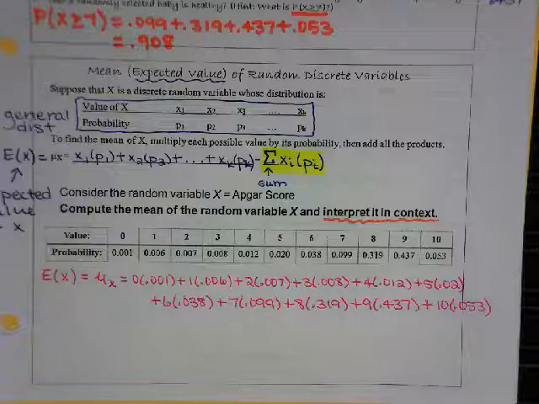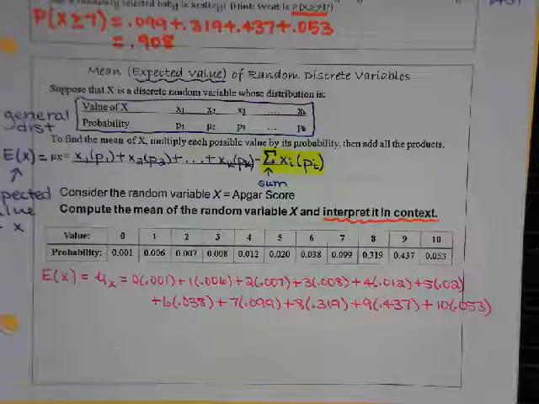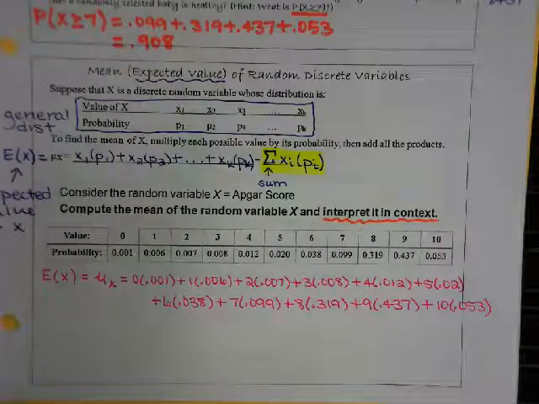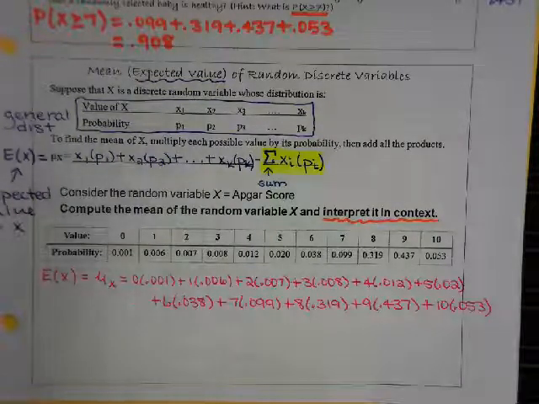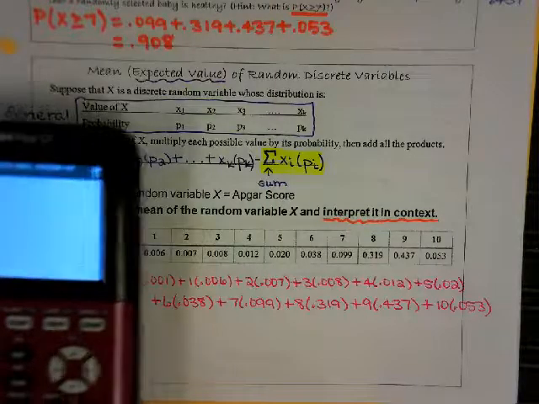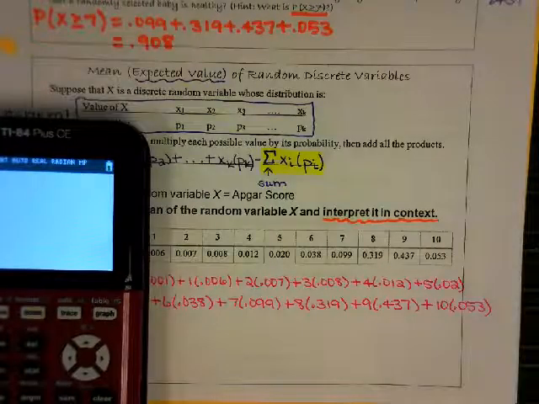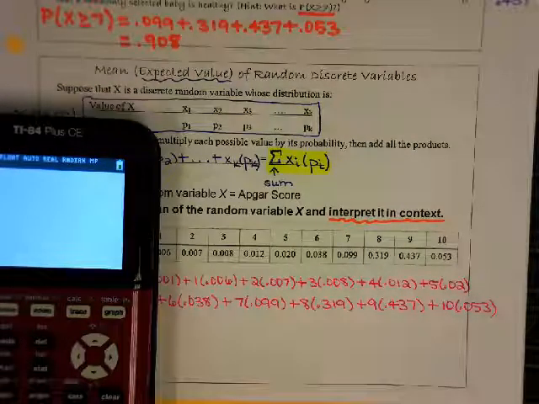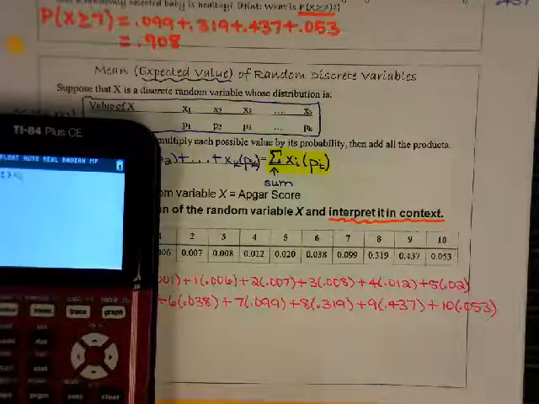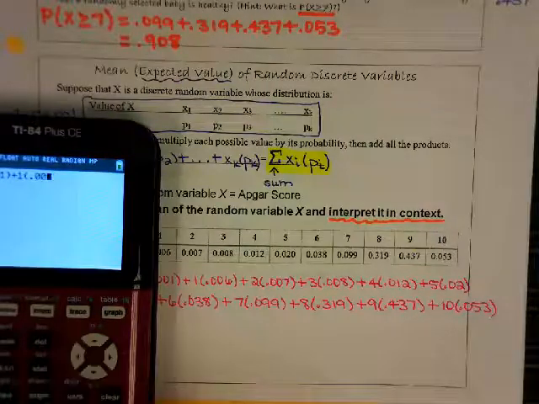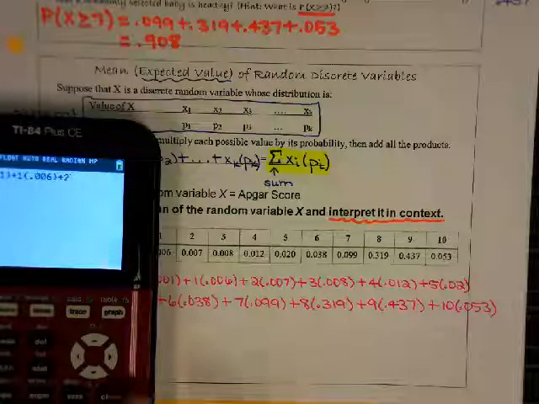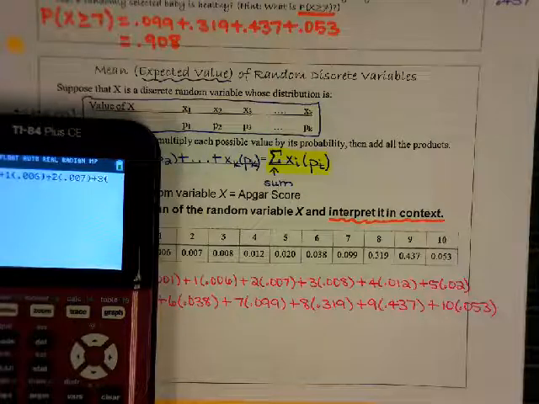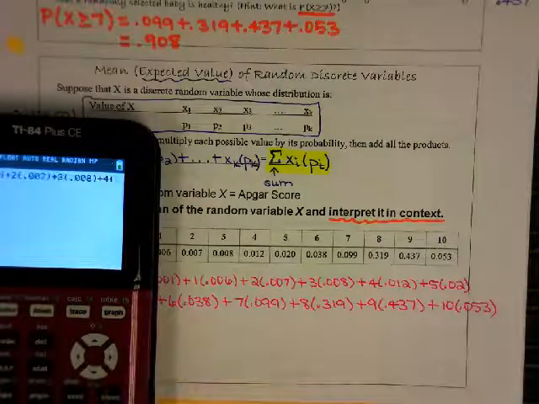Hopefully my calculator doesn't get in the way. So our first APGAR score is 0 times its probability plus 1 times its probability. Oops, forgot to close my parentheses.